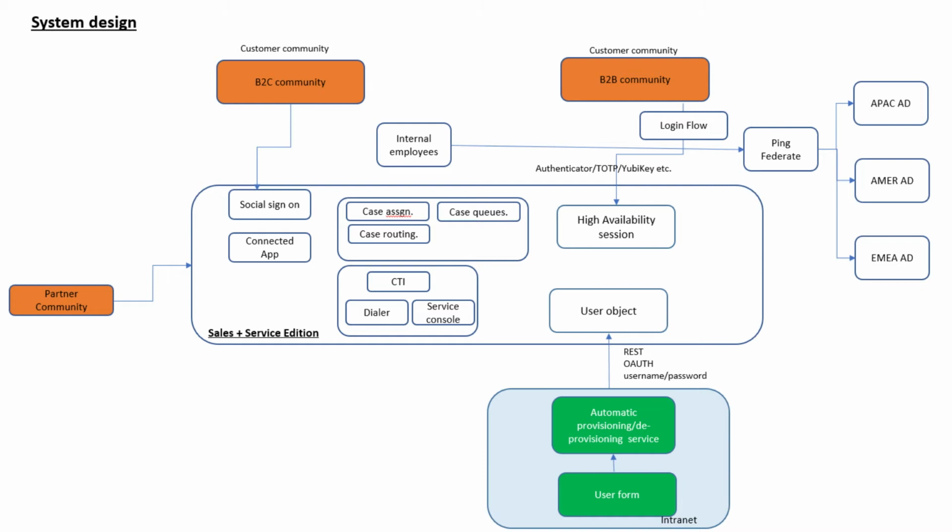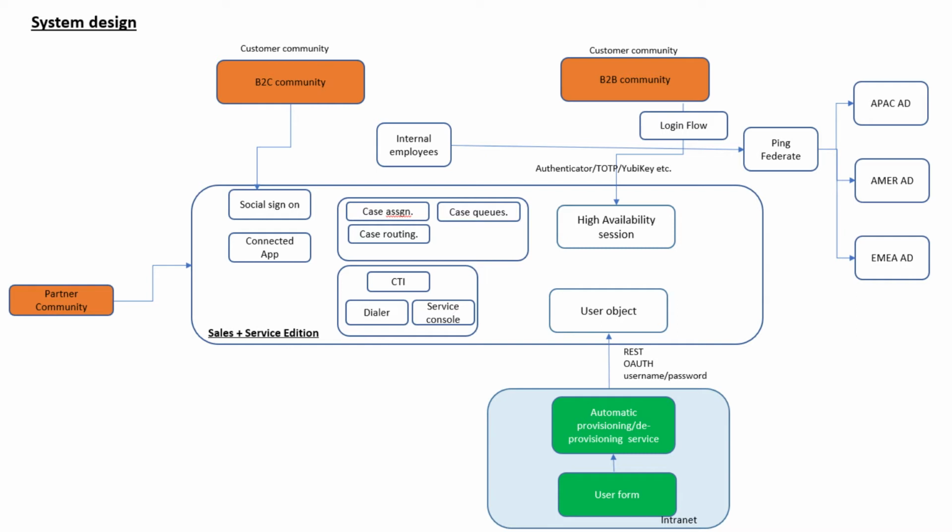The core of this design is our Service Cloud and the Sales Cloud functionality. Within Service Cloud, the requirement states that the agents should be able to create the cases on behalf of the customer, and then those cases need to get assigned to specific customer service or support agents.